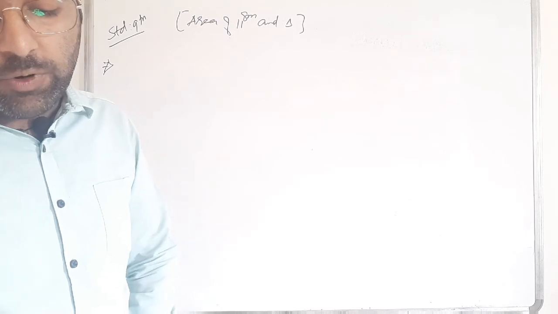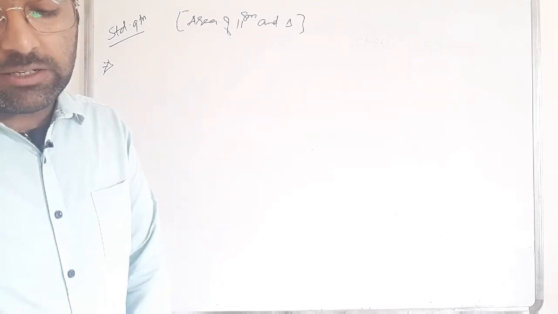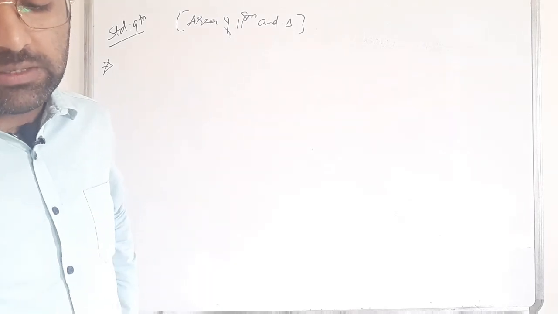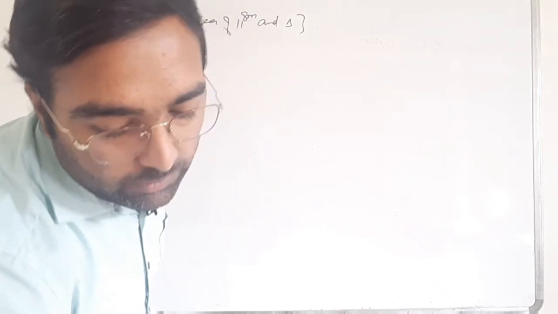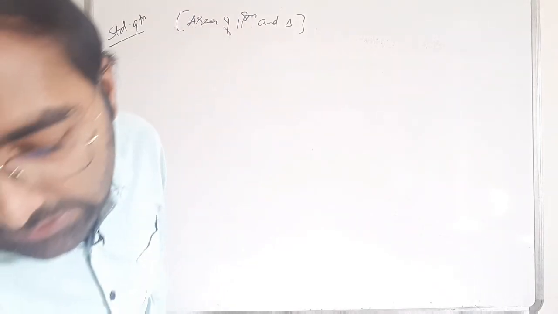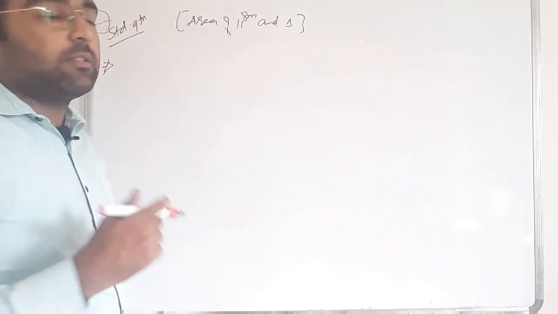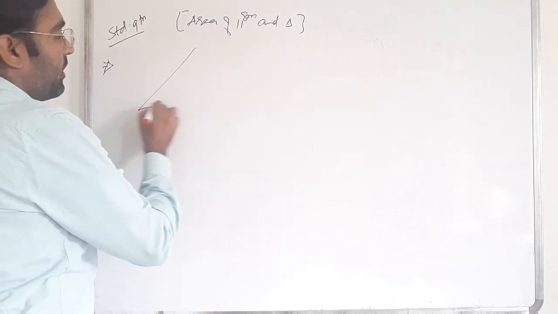Question number 7: D and E are points on the sides AB and AC respectively of triangle ABC such that area of DBC is equal to area of EBC. Prove that DE is parallel to BC.